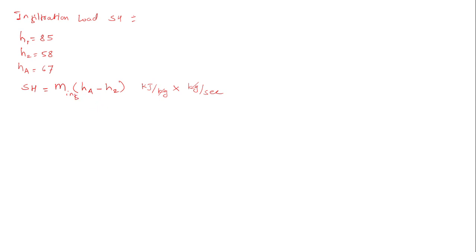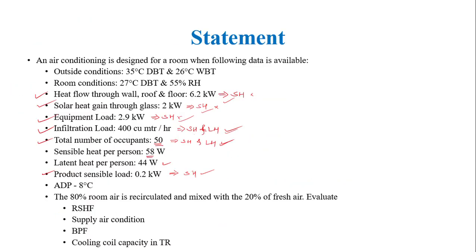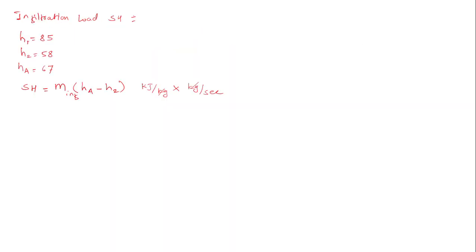But in the statement we have not got the mass of infiltration air. However, they have given us the volume flow rate of infiltration air. That is 400 meter cube per hour. So the volume of infiltration air is 400 meter cube per hour.